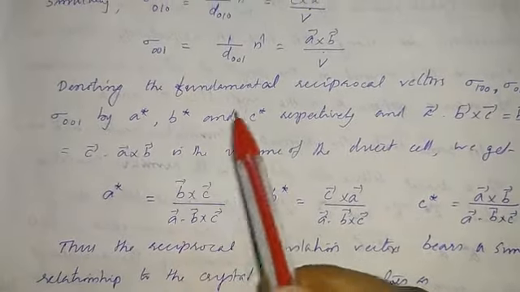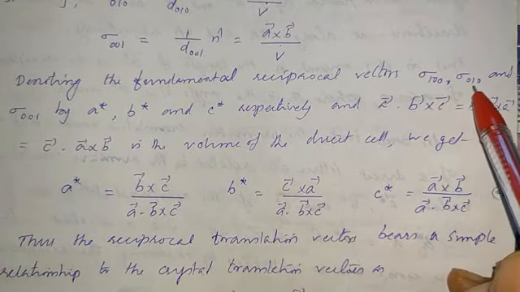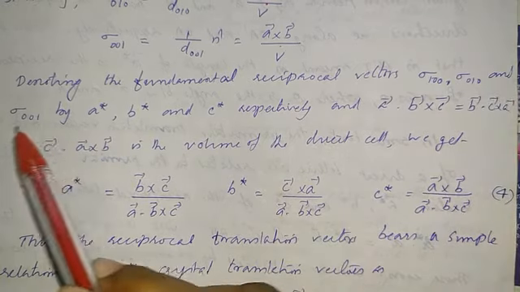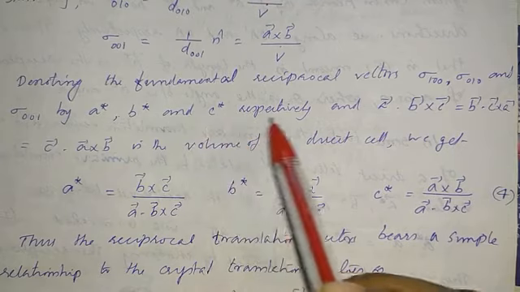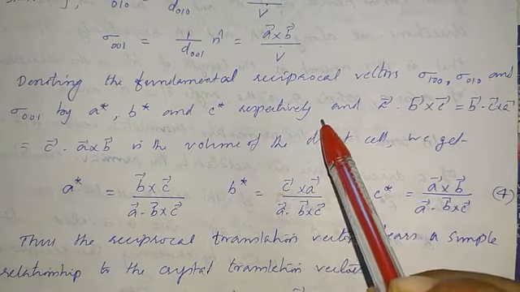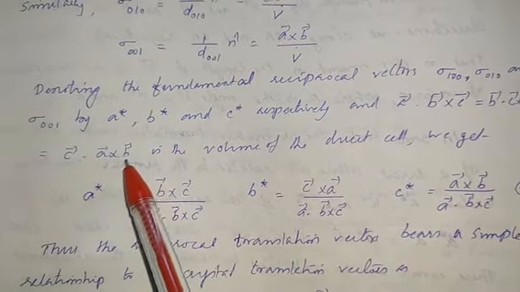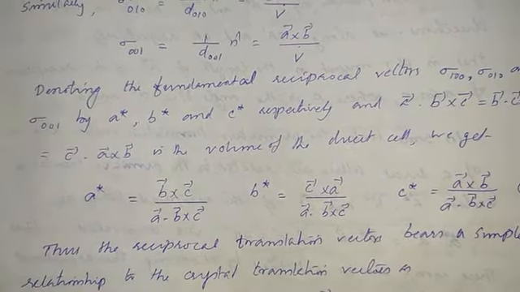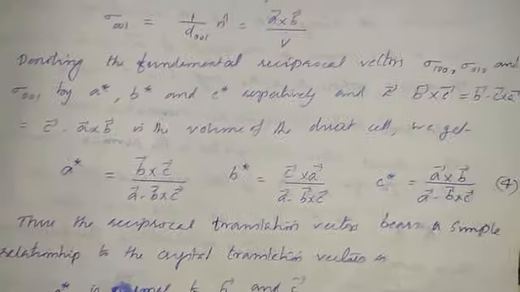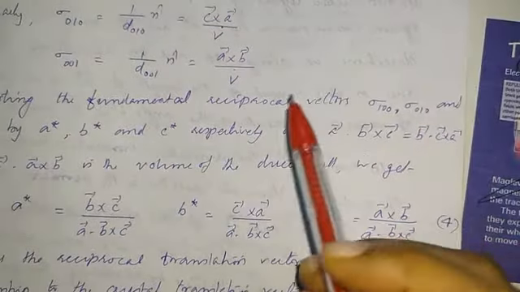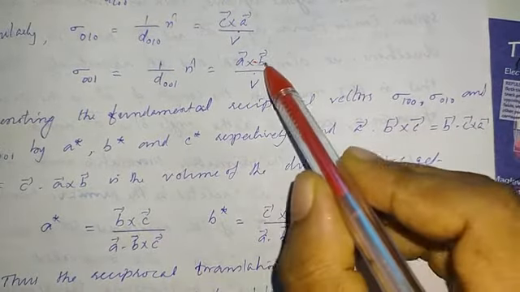Now, denoting the fundamental reciprocal vectors sigma 100, sigma 010 and sigma 001 by a star, b star and c star respectively, and a dot b cross c, which is equal to b dot c cross a, which is equal to c dot a cross b, is the volume of the direct cell. In the original lattice the vectors are represented by a, b and c.